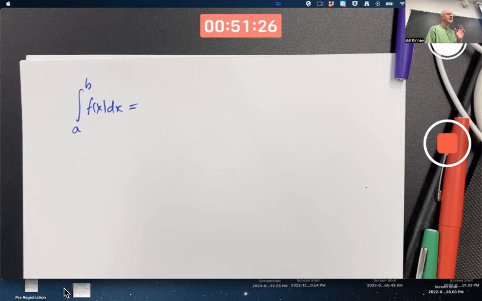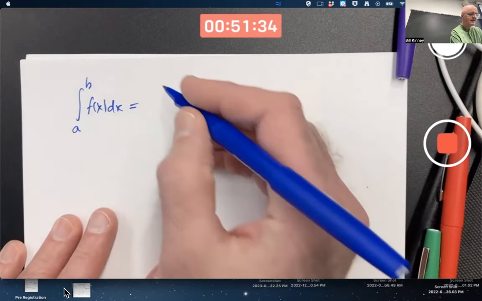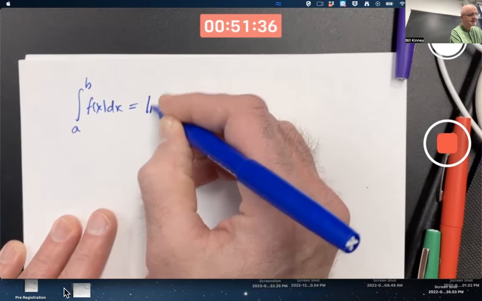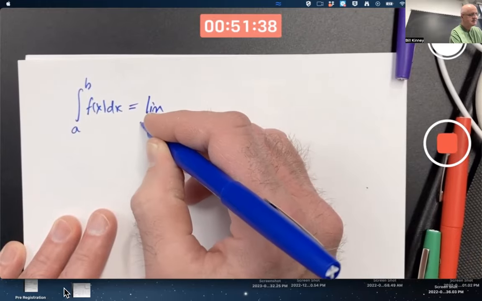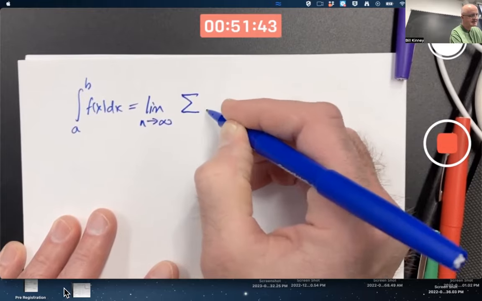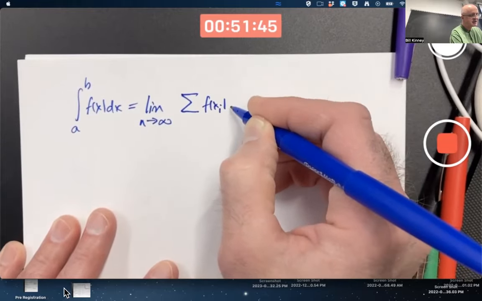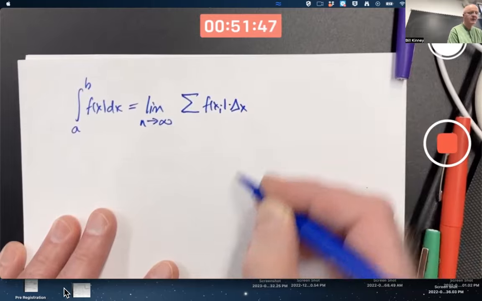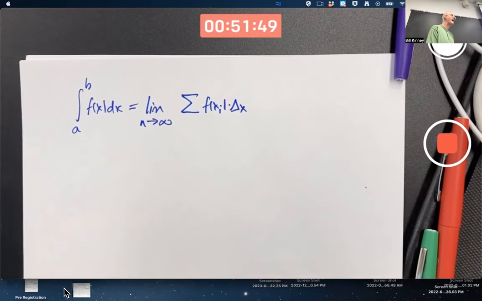But effectively, we could think of it as a definition, in the sense that it should make sense. It doesn't equal a Riemann sum. It's a limit of Riemann sums. It can be written as a limit as n goes to infinity of a Riemann sum like this. Should I use a left-hand Riemann sum or a right-hand Riemann sum? The answer is it doesn't matter, either one.